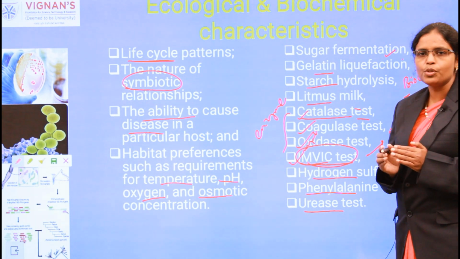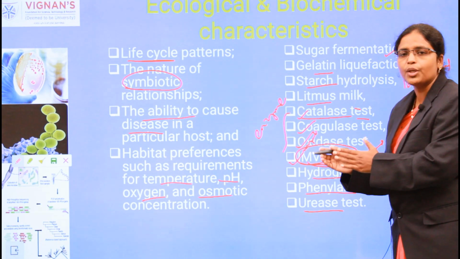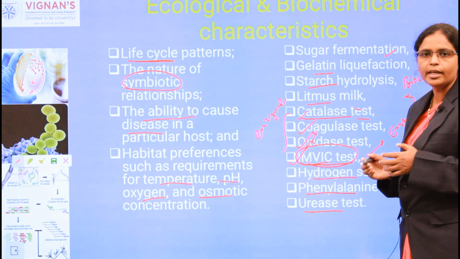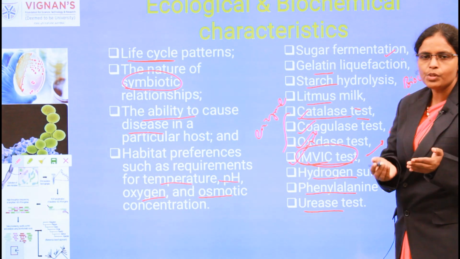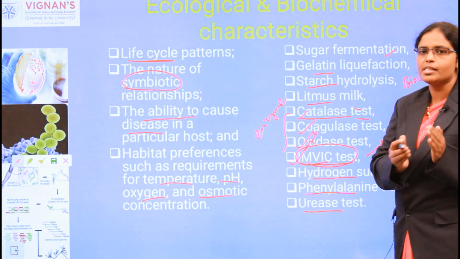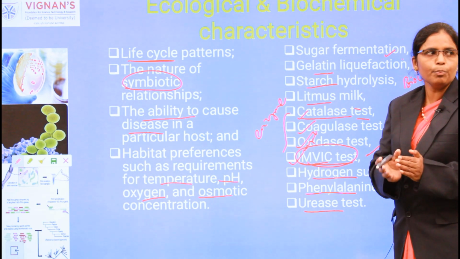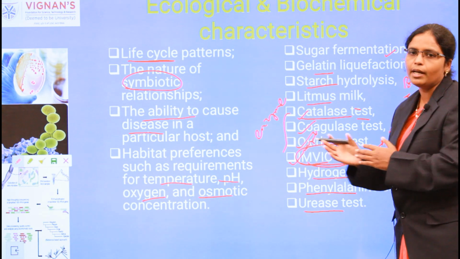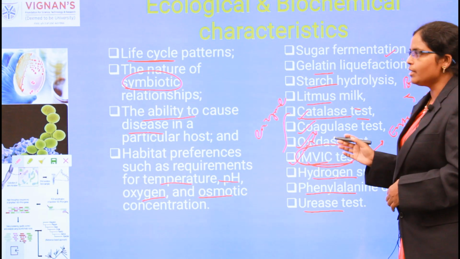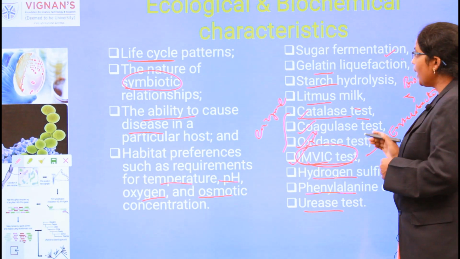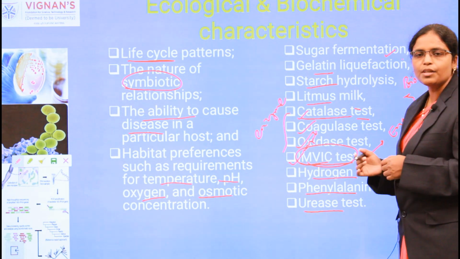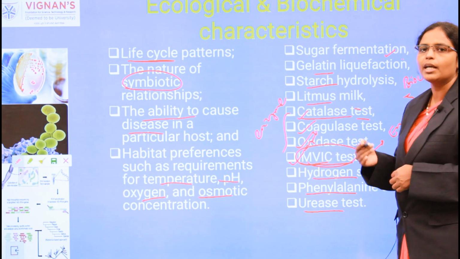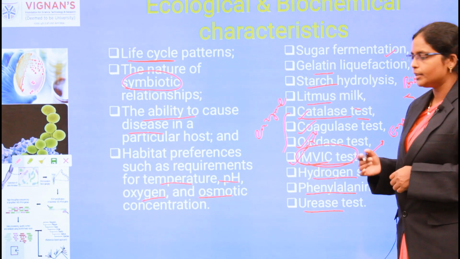If it is not producing, we can say that is catalase negative organism. Similarly, oxidase, coagulase, like this, if they are producing any enzyme, we can say enzyme producers. If they are not producing enzymes, non-producers of particular enzyme. So like this, the ecological and biochemical characteristic features are used for identification and classification of the organism.